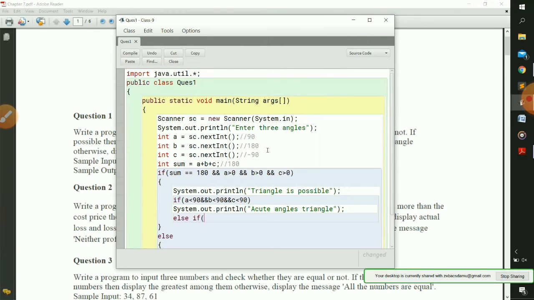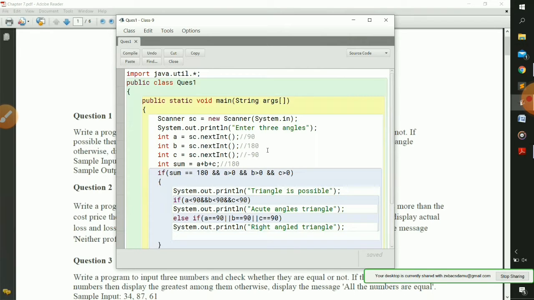So else if a equal to 90, or b equal to 90, or c equal to 90. If any of the angles is equal to 90, then you are having a right angle triangle with you.